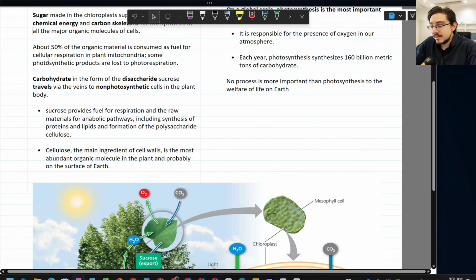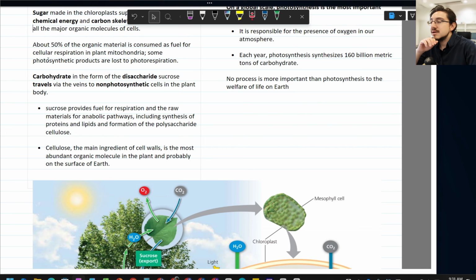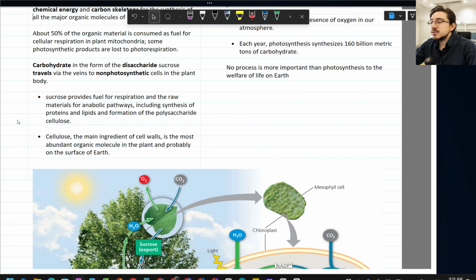With respect to photorespiration, about 50% of organic material is consumed as fuel for cellular respiration in plant mitochondria. Some photosynthetic products are lost as photorespiration, so remember that, as I talked about earlier. Carbohydrates in the form of disaccharides, more specifically sucrose, travel in the veins, in the phloem, to non-photosynthetic cells in plant bodies.